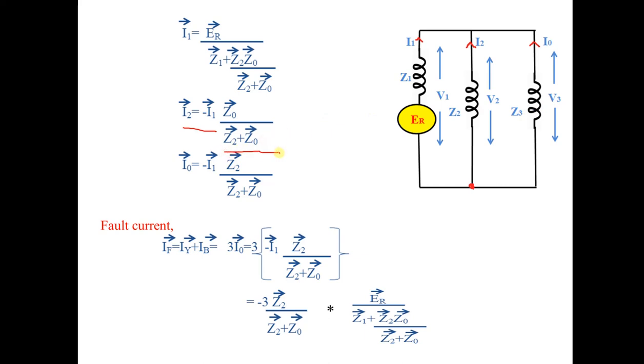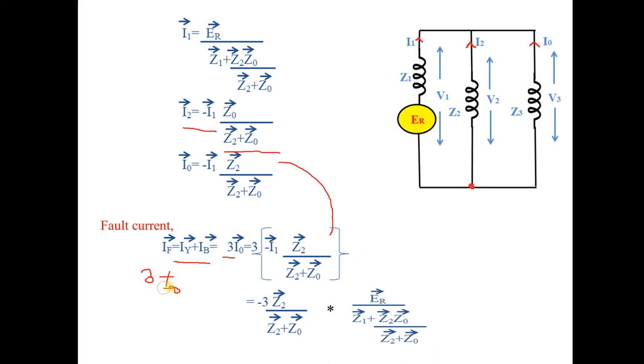For finding the fault current, IF will be equal to IY plus IB, which is equal to 3 times I0. How is this 3 I0 obtained? 1/3 of IR plus IY plus IB is 1/3 of the fault current, so fault current is 3 I0.